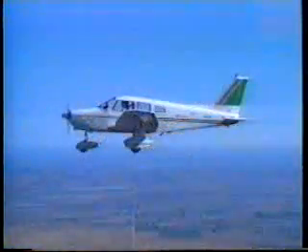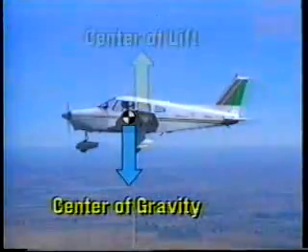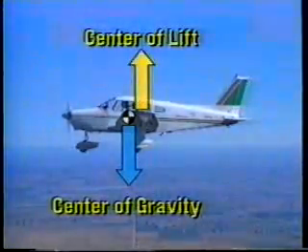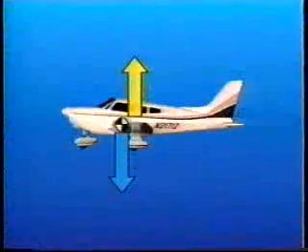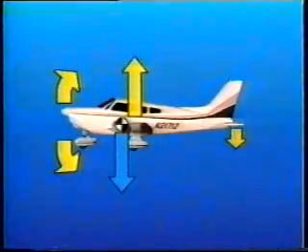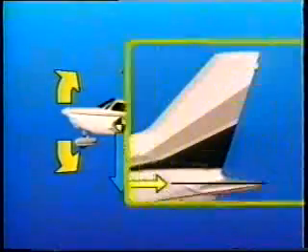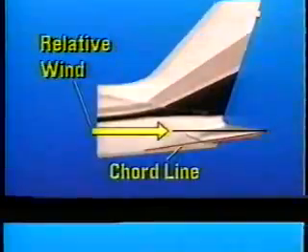Longitudinal stability is normally obtained by locating the center of gravity ahead of the center of lift, which is the point along the wing chord where lift is concentrated. This creates a slight nose-heavy condition. To balance this condition, a tail-down or nose-up force is created by installing the horizontal stabilizer with a slight negative angle of attack.